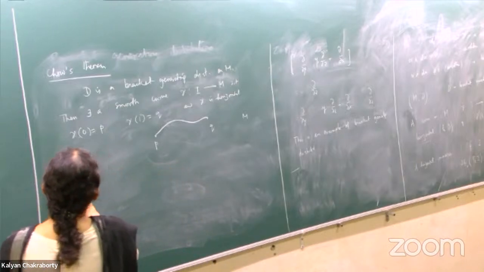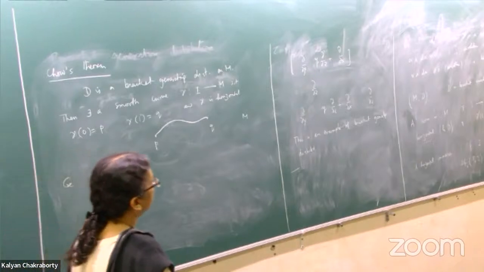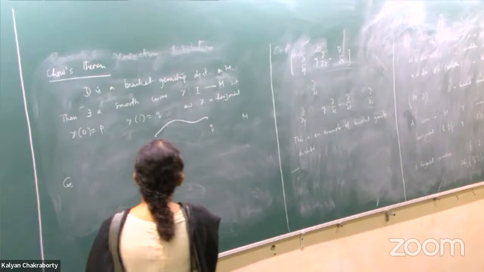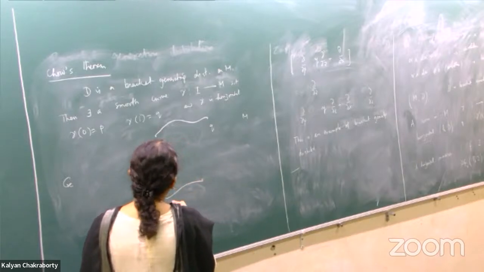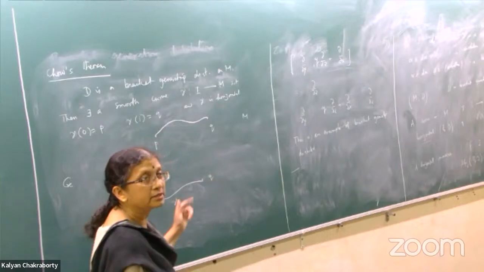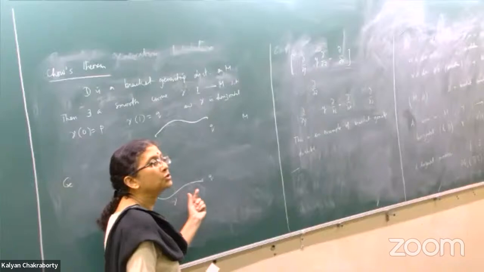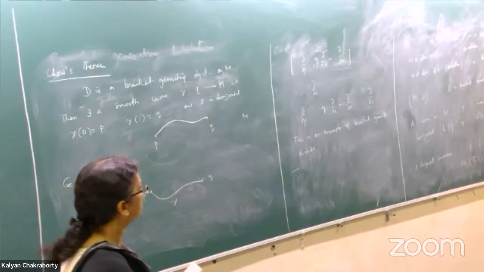So the second one, which was proved much later, the next question that comes is that suppose you have a path, an arbitrary path gamma, joining two points. Is it possible to have a horizontal path which lies very close to gamma? That means density of the space of horizontal curves.